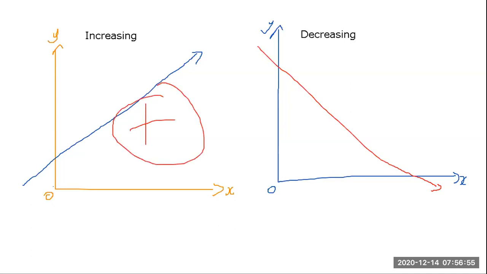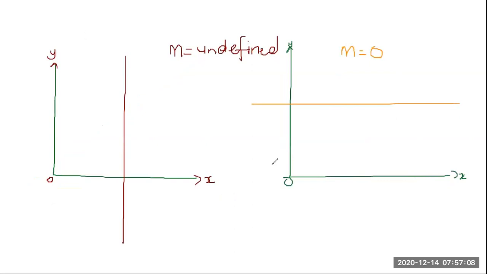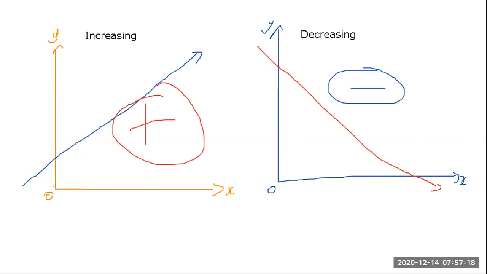If it's going left to right but going down, that makes it a negative graph. So it's decreasing. And if we go back and look at the two other slopes, if it's vertical, it's undefined. If it's horizontal, then the slope is 0. So those are just 4 different things we want to look at whenever we're identifying graphs.